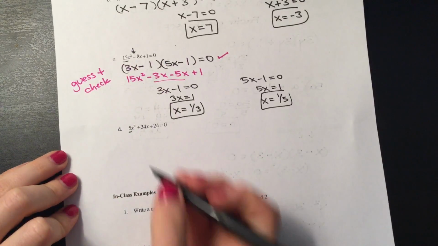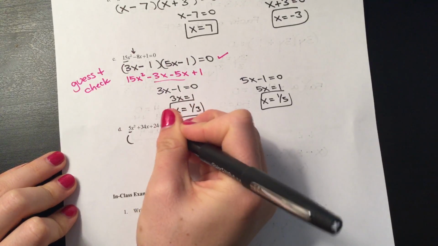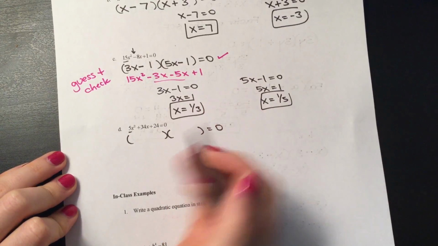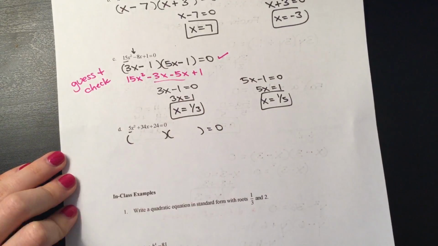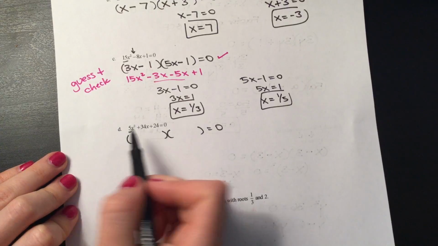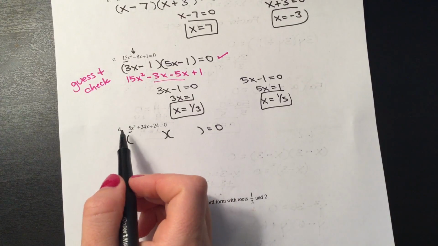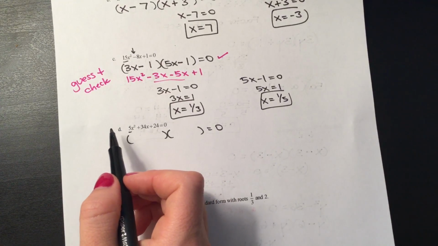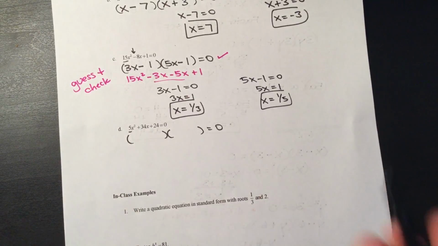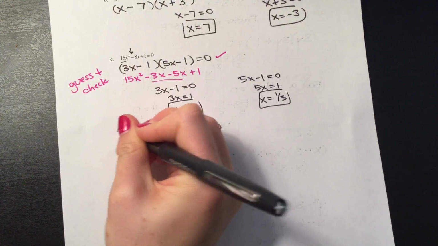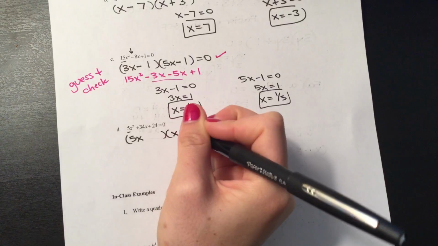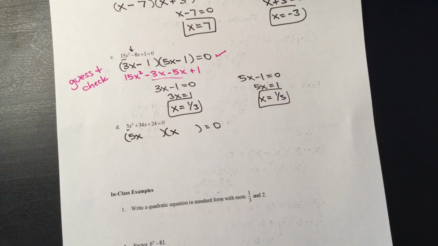So 5x squared, when I set up my parentheses, first of all, no GCF. There's nothing 5, 34, and 24 all have in common. So 5x squared, this one's at least a little bit better because there's only one option. The only way to multiply to 5 is 5 times 1. So it's going to be 5x times 1x. Now here's the part that gets a little bit tricky.